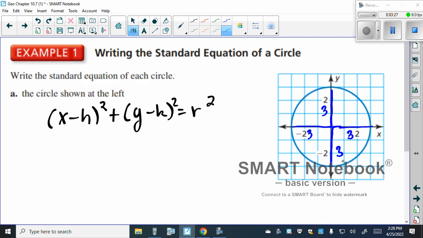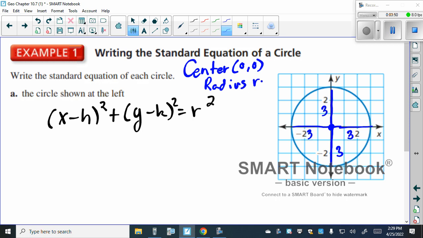Well, since we're looking at just the distance, it would be 3. So since it is 3 units up, down, left, and right from the origin, it's telling us that that is the center. So our center for this here is the point 0, 0.